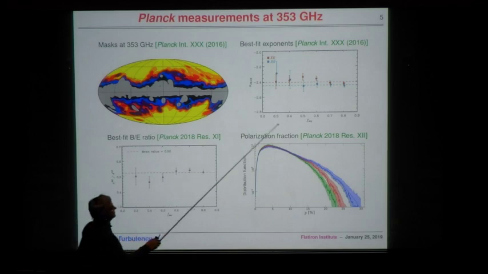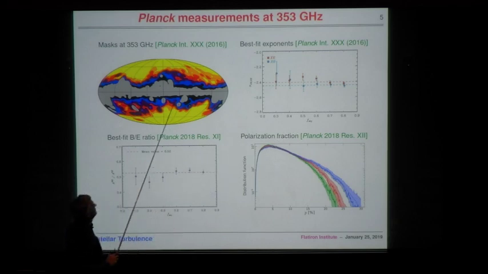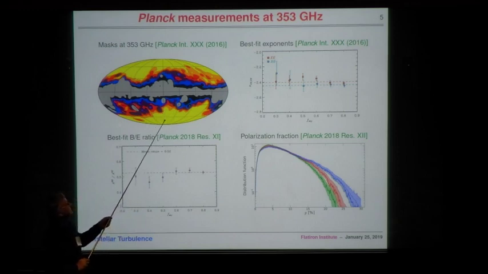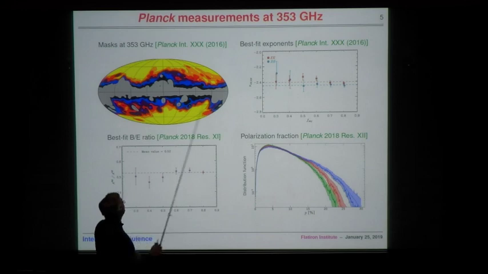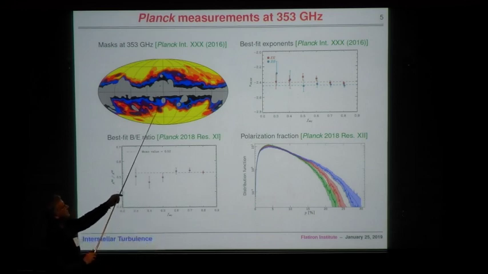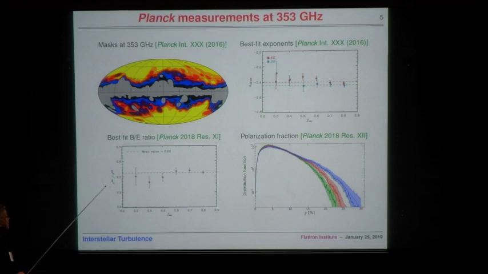Okay, so now you can see this shows the fraction of the sky in different masks. So the smallest fraction is this yellow part, and then other cases combine all the different colors progressively. Okay, so here we are looking at Planck results with respect to the B to E ratio.